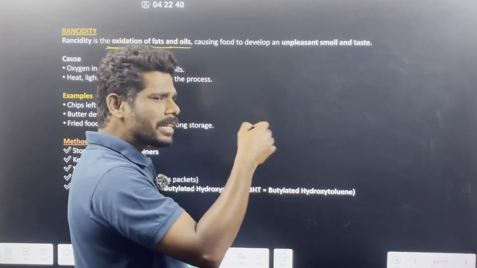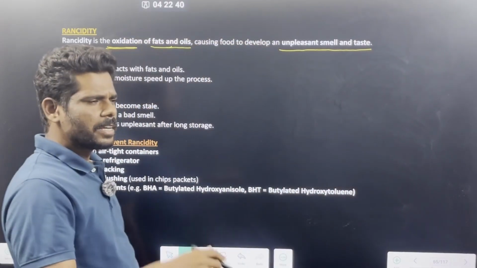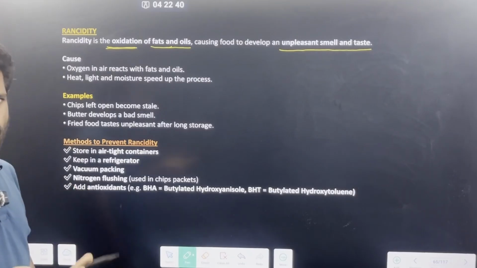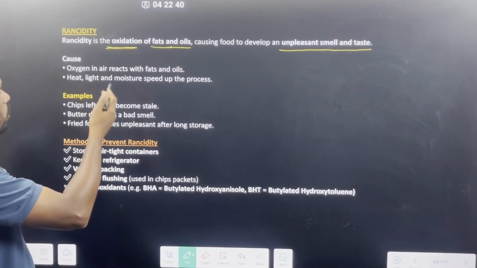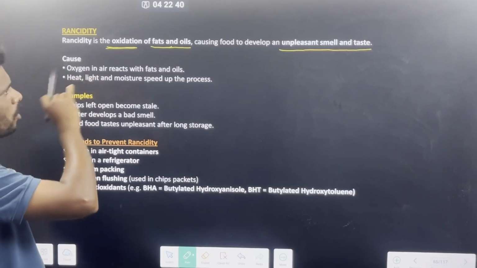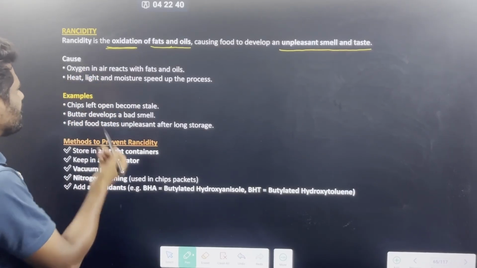That oxidation results in an unpleasant smell and taste of that food item, whether it is chips, pickles, or any fried items. So that spoiling of food which contains fats and oils, especially due to oxidation, is called rancidity.